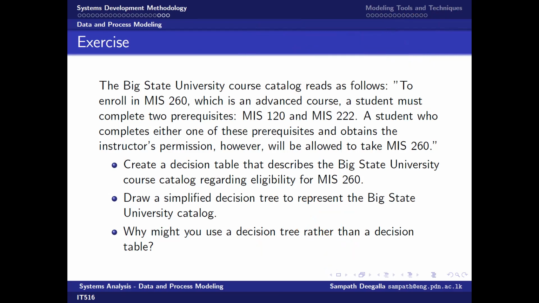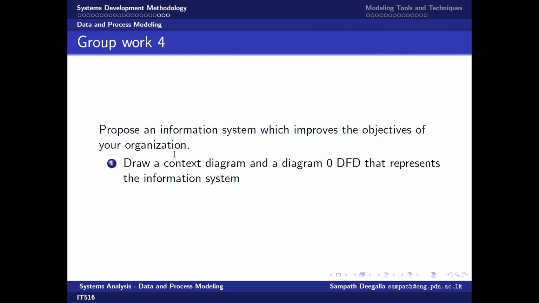Right. Okay, so let's start with the group work for today. Again, similar to the previous one, this is about your organization and proposing your information system. So I will put you in the same groups, and you should work as a group, select one of the organizations and assume that you are going to come up with the information system.